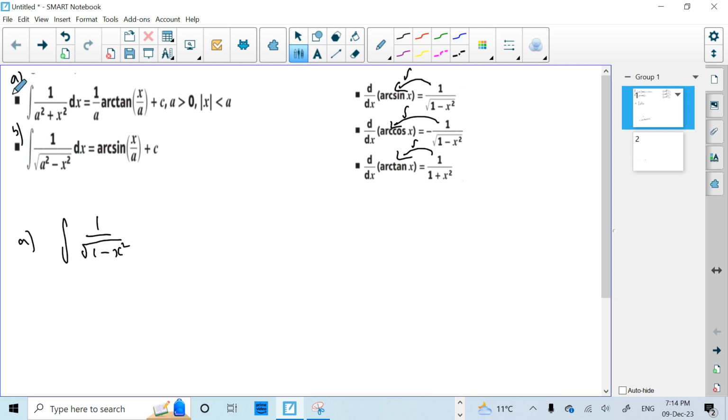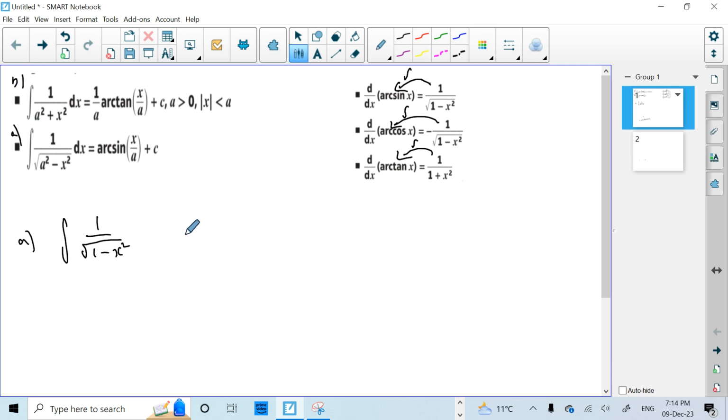In fact I've got it the wrong way around. A and B, one is arc tan x and the other one is arc sine x. So let's change it around. It's actually B and A.